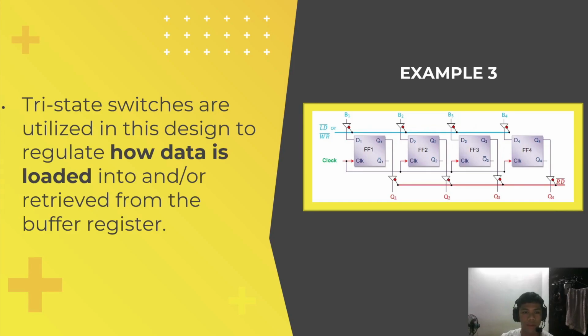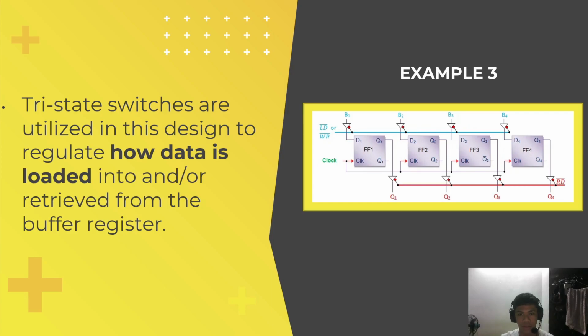So here's sa example 3, we have the blue line sa red line. Yung blue line sa taas, which is the LD or WR, isa siyang control line na ang purpose is pag low in order siya to store the data na ini-input. So yung sa baba naman is yung red line, which is the RD. Isa din siyang control line.